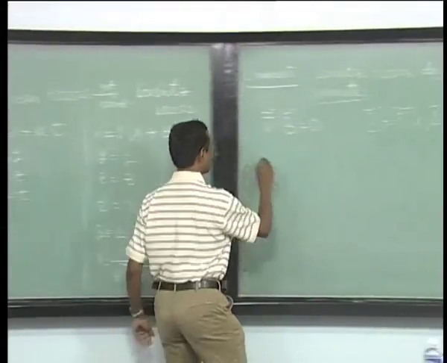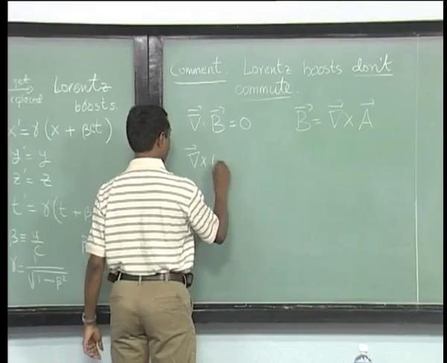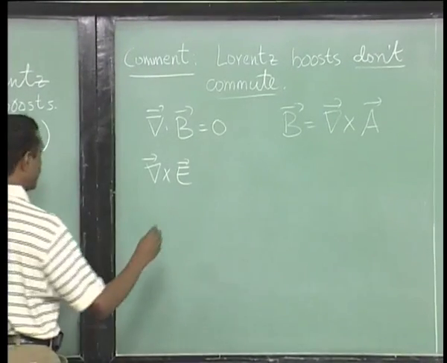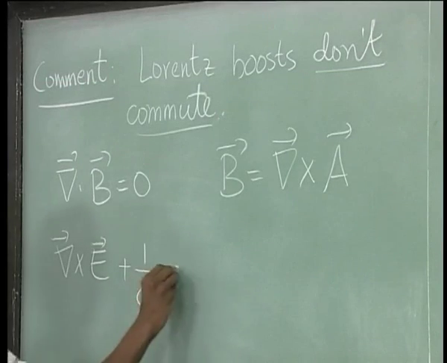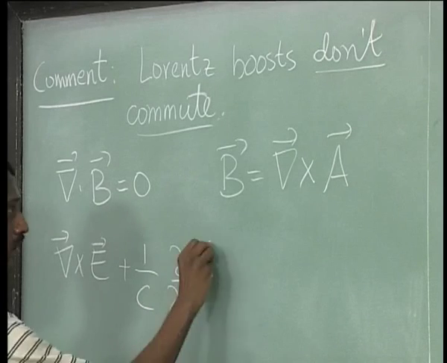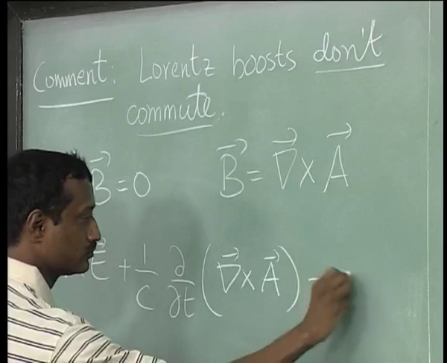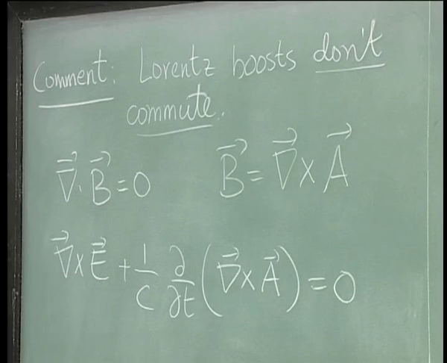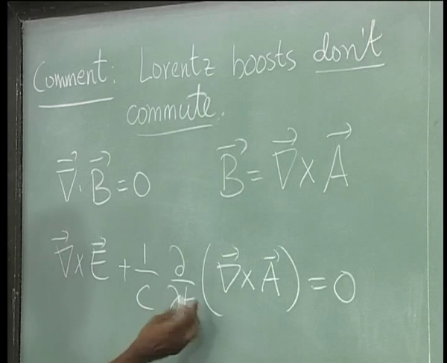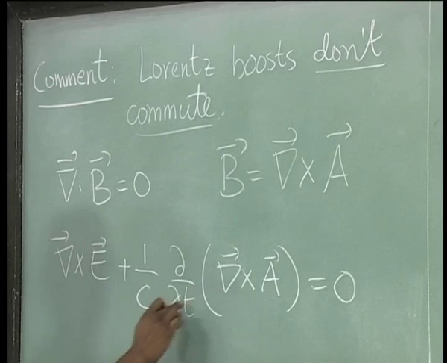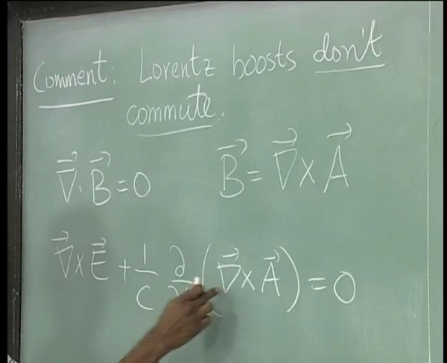So, let us look at del cross E plus 1 by C d by dt of B. Okay. So, now what you can see is that we can pull out a del cross.